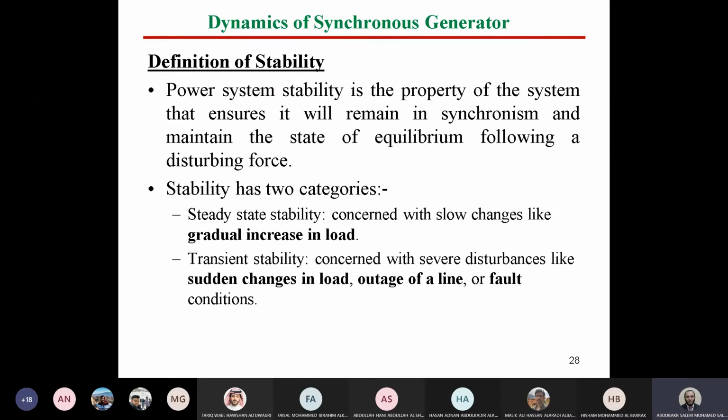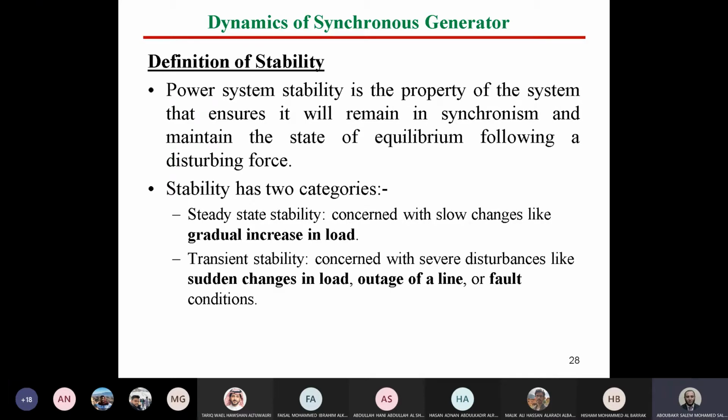Now regarding the stability, we said the maximum power point is also called the steady state stability limit. Now let's discuss the dynamics of the synchronous machine and the definition of stability.